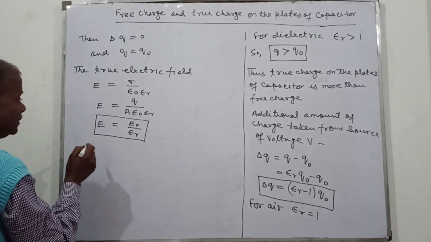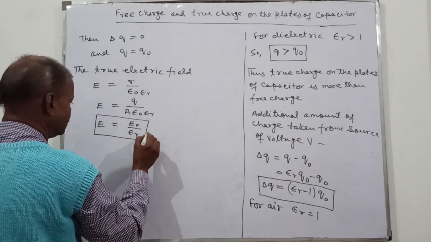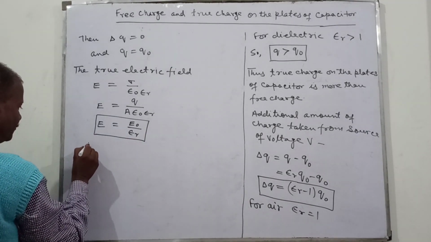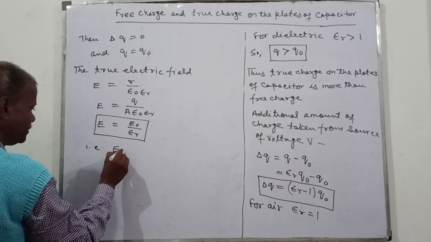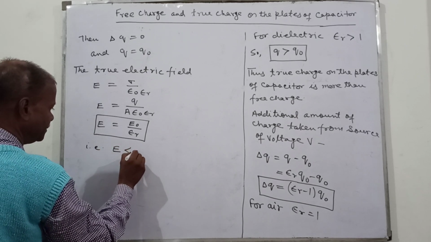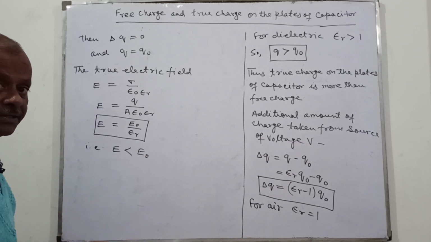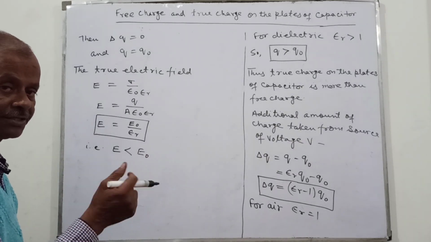Now we can say that this E is less than E naught. So the electric field decreases, which means the potential difference also decreases.